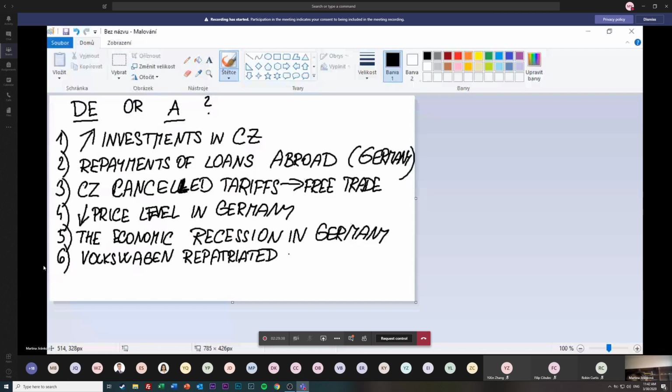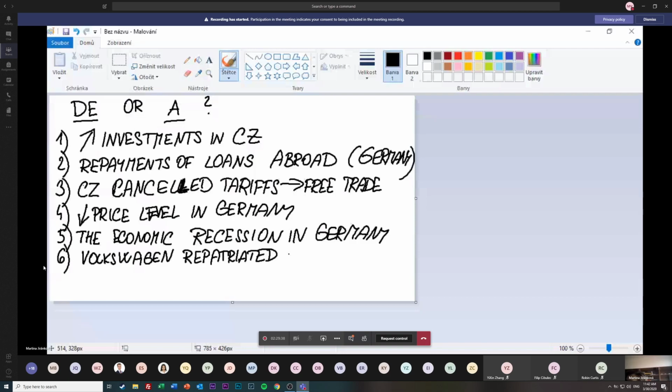If we are repaying loans to Germany, we have debts in euros, we have Czech currency. So we are offering Czech currency in the currency market.